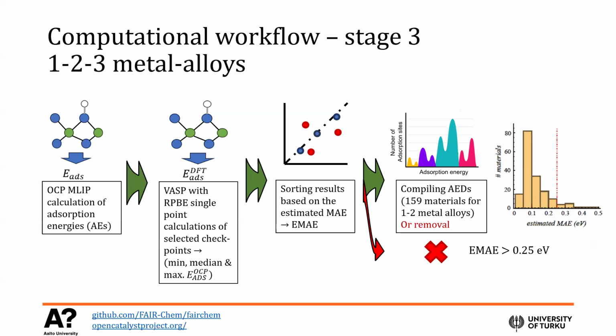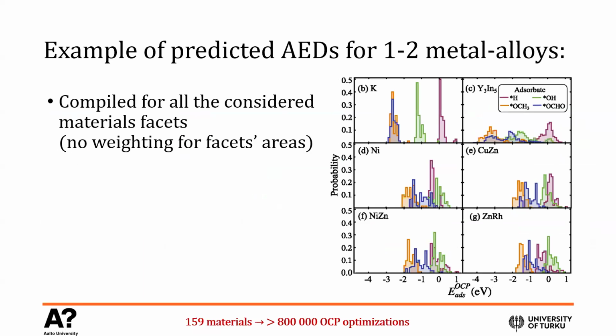For all of the others, we compiled the adsorption energy distribution. Here you can see how the adsorption energy distribution looks for a couple of materials. We considered all the possible facets and averaged over them, with no weighting by facet area, because as we saw yesterday, the facet areas are unknown in operando conditions.